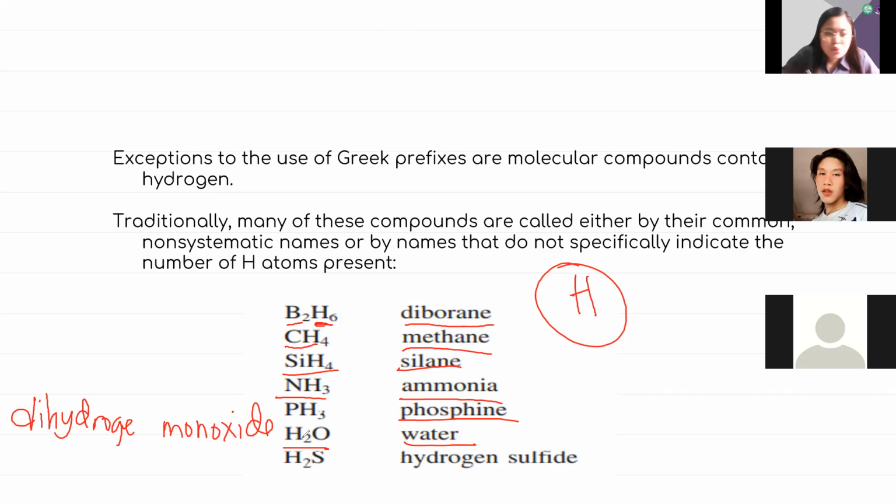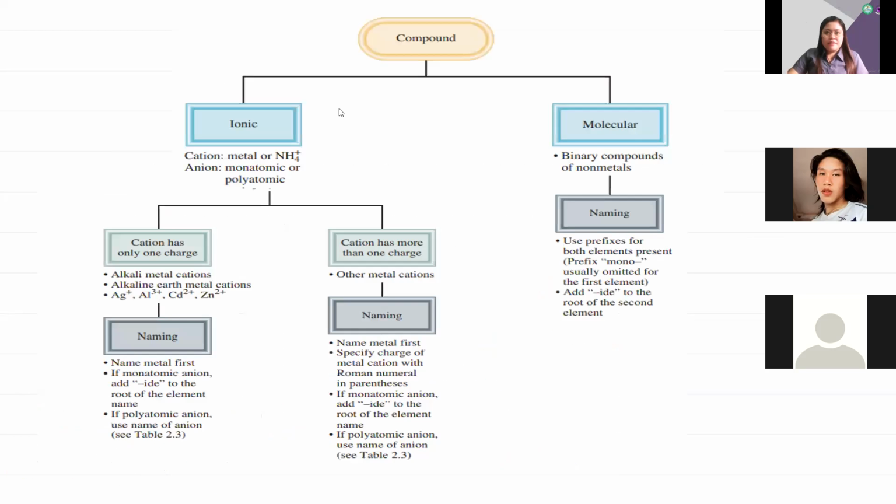And then we have H2S. Instead of calling it dihydrogen monosulfide, it is directly hydrogen sulfide. So these are the exceptions to the rules. The compounds with hydrogen don't usually follow the Greek prefixes. I hope you were able to follow.